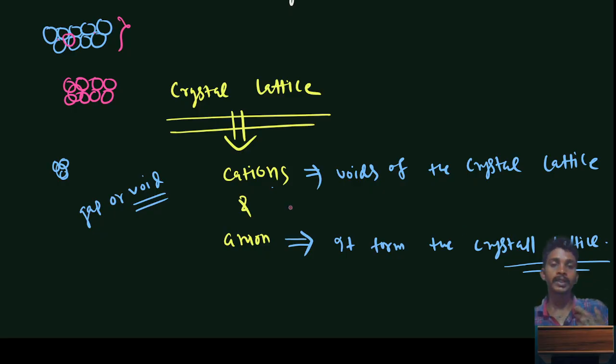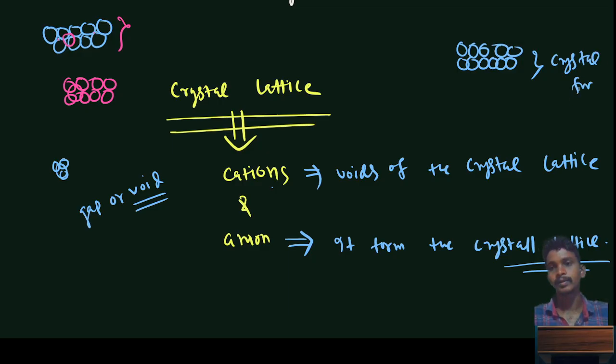So that's what we studied in solid state: the anions form the crystal lattice, any crystal lattice is formed by anions. And the metals, or any cations, since cations are generally metals, will go to the voids.